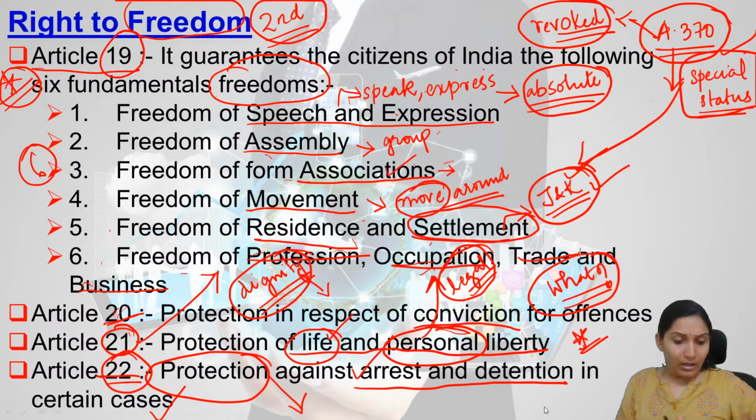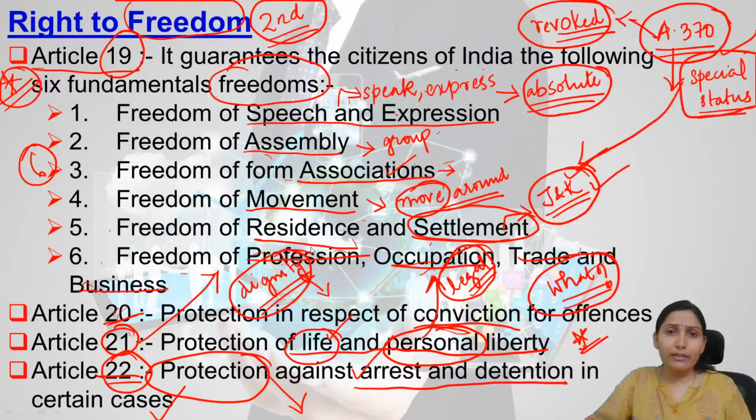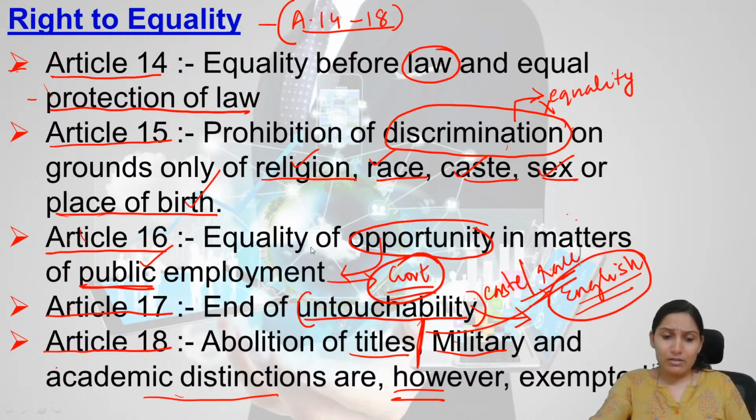Now, Abhi Kumar asks whether fundamental rights can be amended. Yes, fundamental rights can be amended. There are many instances where fundamental rights were amended, very recently also. For example, right to equality, Article 16, which guarantees equality of opportunity in matters of public employment.